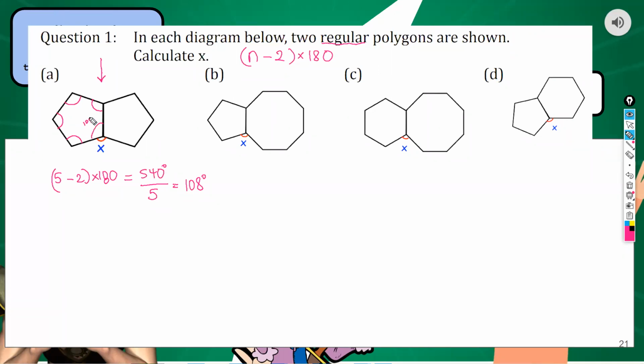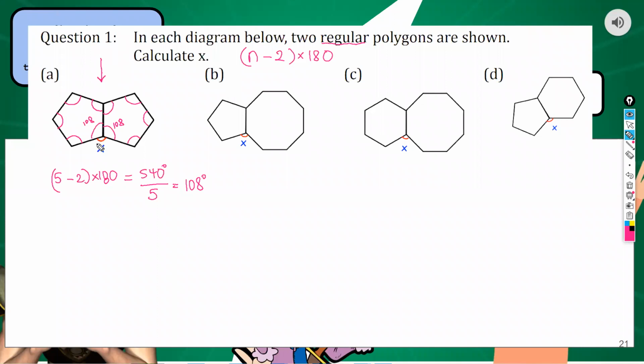I don't think we should waste time doing the other one because we know it's the same exact shape. It's also a pentagon. So that means this one is 108, this one is 108, and this one is also 108.